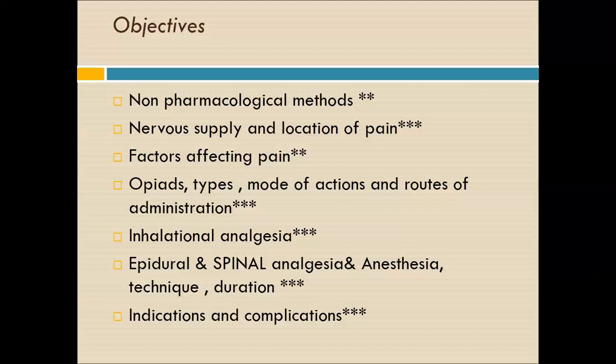It is nice to know factors affecting pain, and you have to know information about opioid types, modes of action and route of administration. Must know information about inhalational analgesia, epidural and spinal analgesia and anesthesia technique and the duration of action, and the indication and complication of these two methods of analgesia.